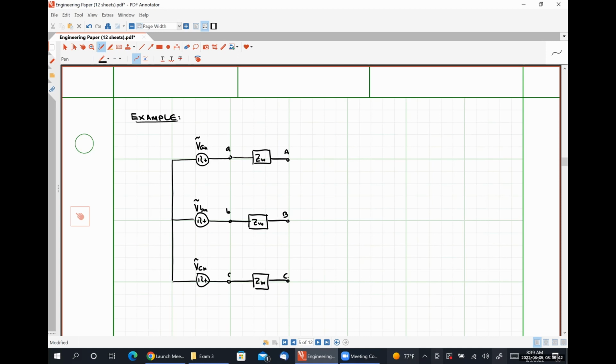And then we are going to have a load, which consists of two balanced three-phase impedances that are connected in parallel.